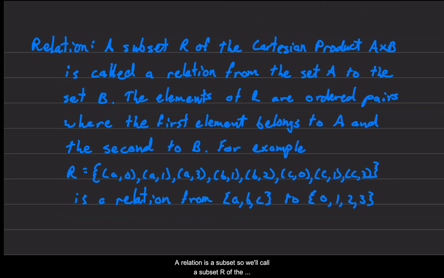A relation is a subset, so we'll call a subset R of the Cartesian product A×B a relation from set A to set B. The elements of R are ordered pairs where the first element belongs to set A and the second to set B. For example, R equals the set of, say, (a, 0), (a, 1), (a, 3), (b, 1), (b, 2), (c, 0), (c, 1), (c, 3) is a relation from set {a, b, c} to set {0, 1, 2, 3}.